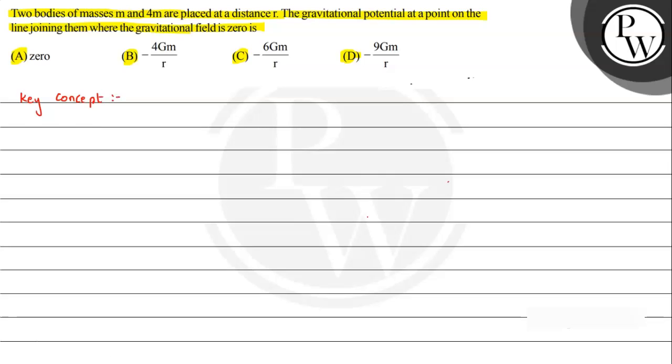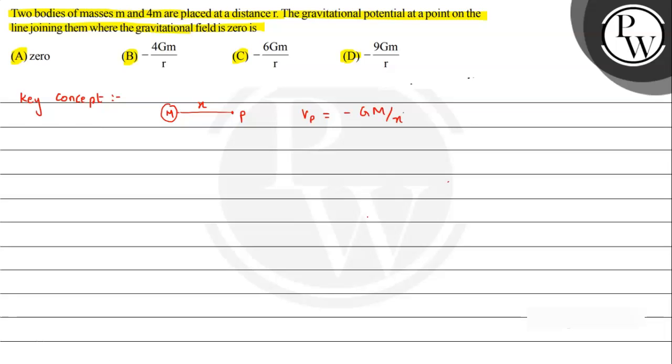Let's suppose we have a mass m, and at a distance x from it we wish to find the potential at point P. We know that the potential at point P can be given by the expression Gm upon x.